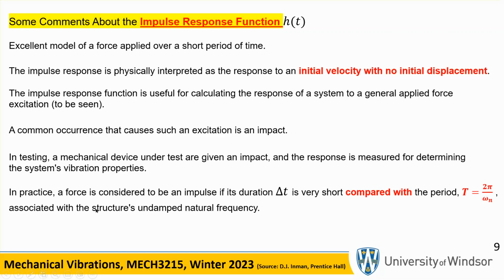Now, this is a loaded issue. In other words, I say that if the duration of the application of the load is very small, so when you actually hit a block with a hammer, that duration is not 0. It's very small, of the order of a millisecond. Just visualize it. You hit it with a hammer, the hammer is in contact with the block for a duration of time. That duration of time is not 0. It's some finite, very small number.